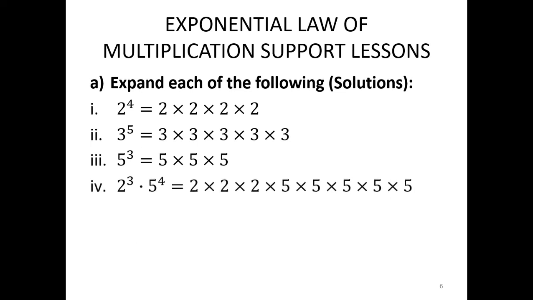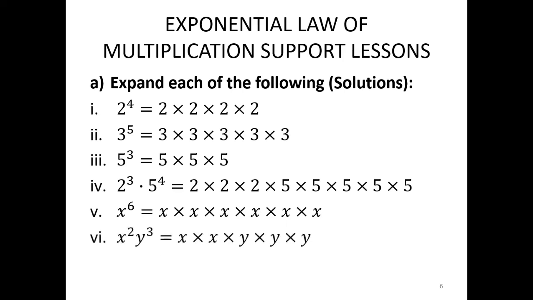And 2 to the exponent of 3 times 5 to the exponent of 4, you'll multiply 2 by itself 3 times, times 5 multiplied by itself 4 times. x to the exponent of 6, you multiply x by itself 6 times, and x squared times y cubed will multiply x by itself twice and multiply that by y multiplied by itself 3 times.